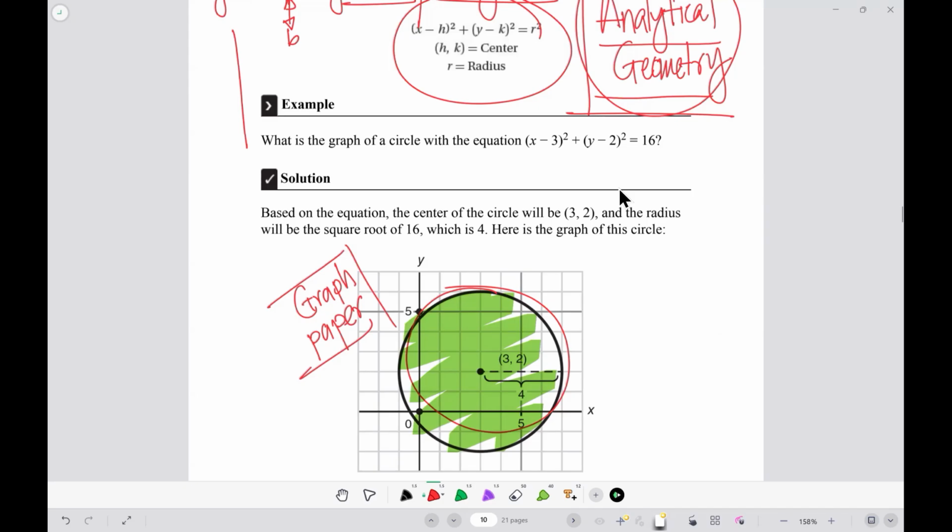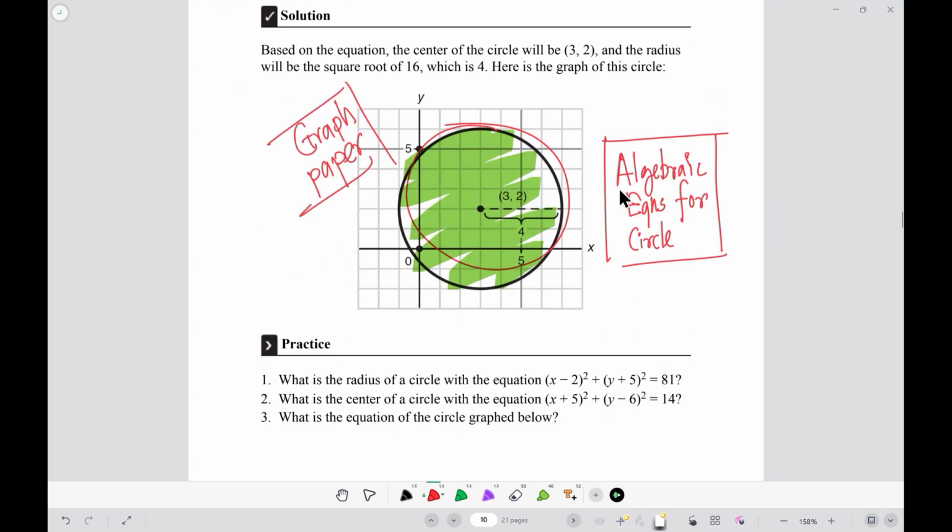And how do you use the concepts of analytical geometry? You need to apply the algebraic equations for circle on a geometrical plane.